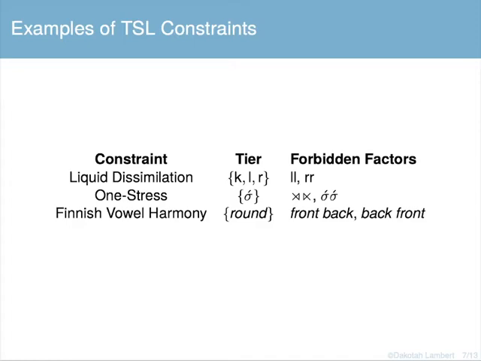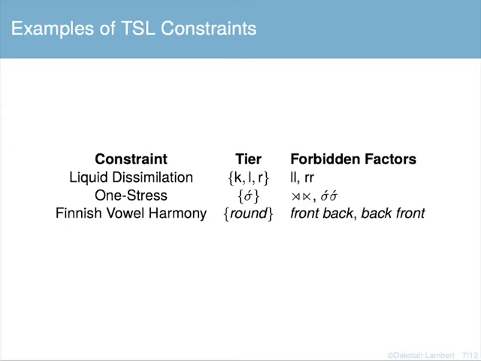Another sort of TSL constraint is the one-stress constraint, the requirement that exactly one syllable with primary stress occur in any given word. In this case, the tier alphabet is the set of primary stress syllables. And what's forbidden? Well, the empty word. That is, you can't have a left end marker immediately followed by a right end marker on the tier.